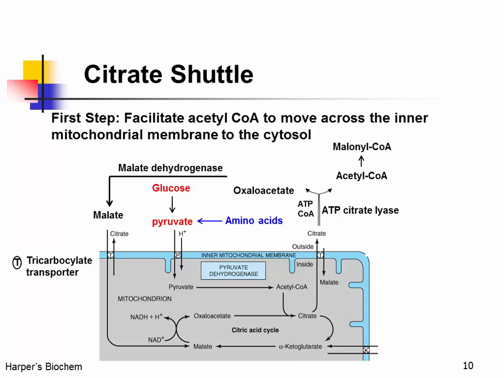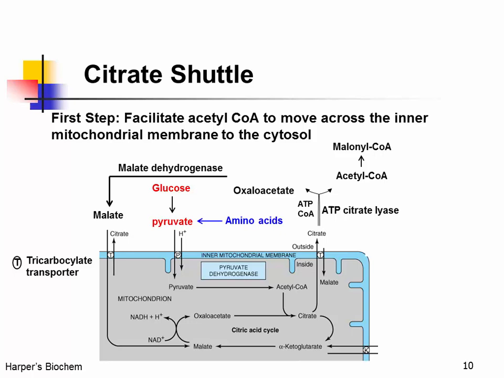And citrate then moves out of the mitochondria by the transporter called the tricarboxylate transporter, right? So this transporter is also called the citrate shuttle. It can transport the citrate out of the mitochondria to the cytosol. In the meantime, it exchanges with one molecule of malate. So malate is transported in and citrate is transported out by this tricarboxylate transporter, right?